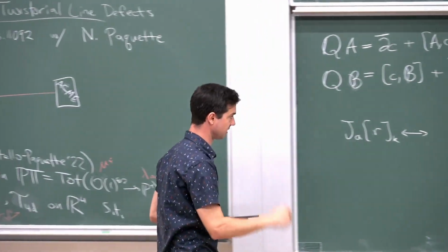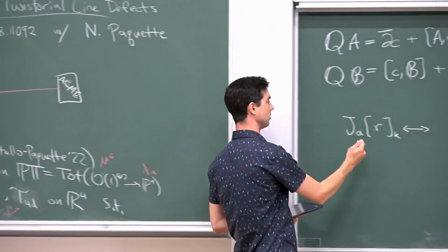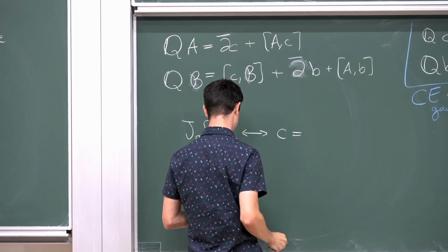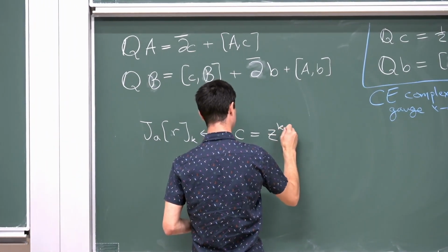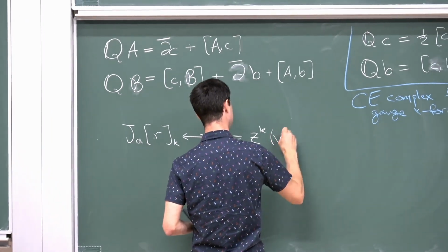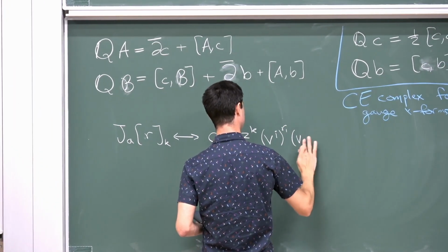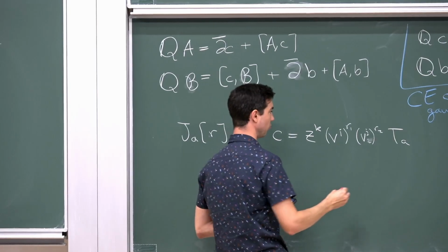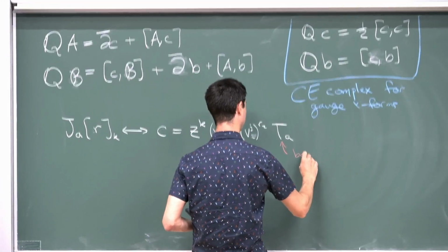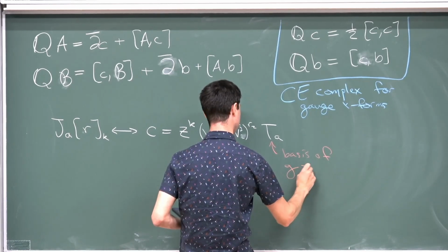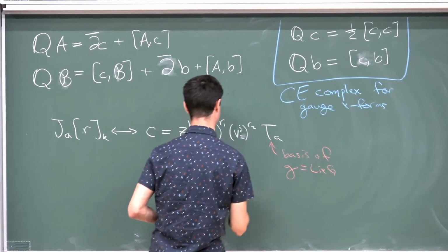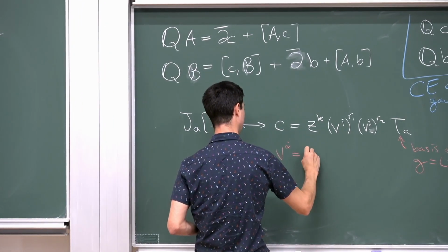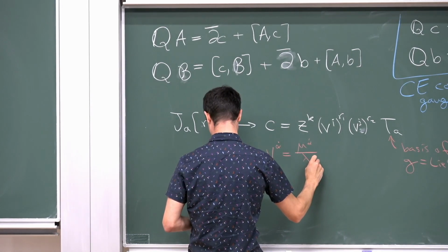We're going to have one I'll call J sub A with two types of parameters, R and K. And these will correspond to when my ghost field looks like this, Z to the K, V1 dot to the R1, V2 dot to the R2, T A, where this is going to be some basis of the Lie algebra of G. V alpha dot is going to be equal to mu alpha dot over, say, lambda 1.